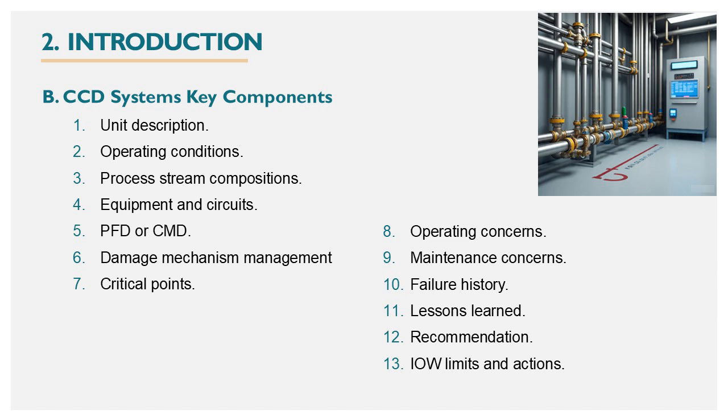Number 6 is, damage mechanism management, prevention, detection, monitoring, inspection methods, record locations. Number 7 is, critical points, including injection or mix points, dead legs, and alloy specification breaks and bimetallic welds. Number 8 is, operating concerns, excursions, startup and/or shutdown, auxiliary processes. Number 9 is, maintenance concerns, special procedures, welding precautions.